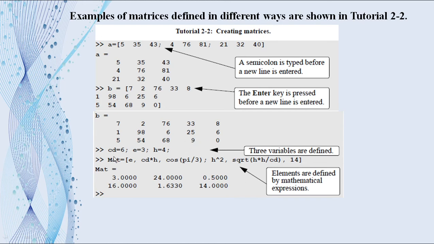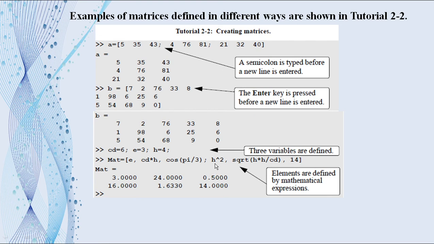Now they are assigning the variables. CD is equal to 6, E is equal to 3 and then H is equal to 4. After entering this, the variables are defined. Matrix is equal to E comma CD into H cos pi divided by 3. So it's an expression, mathematical expressions are used. E is 3, so that is the first element.